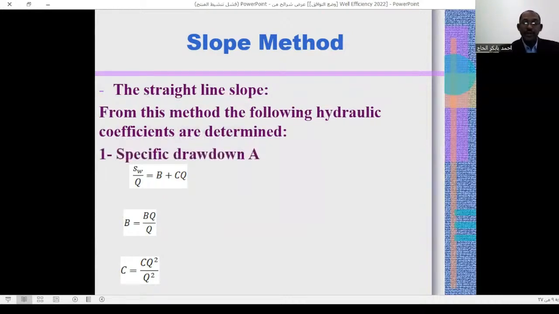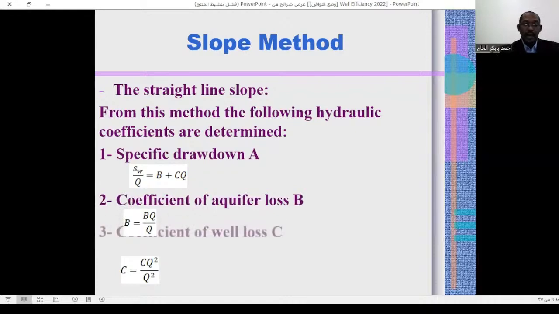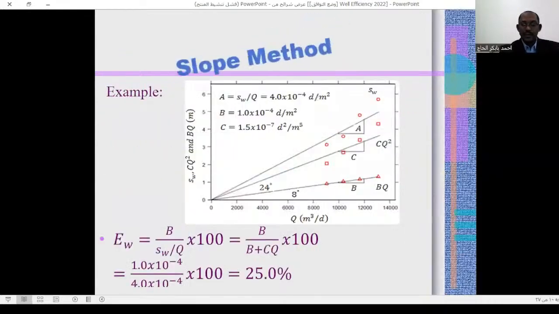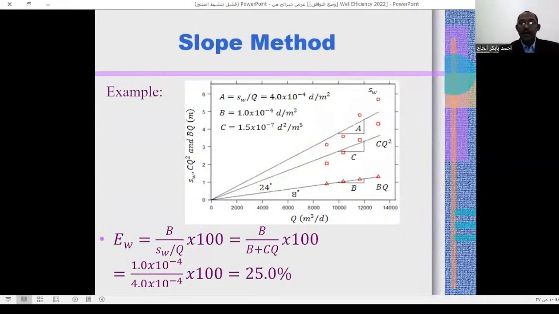One of these is specific drawdown, A, and coefficient of aquifer loss, capital B. Lastly, coefficient of well loss, capital C. These methods are clear in this diagram, plotting total drawdown and well losses and aquifer losses vertically against the quantity of discharge of well on millimetric paper.